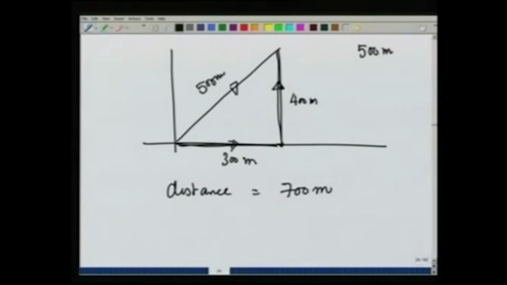Now, suppose you have another friend who is looking at it from a different frame. For the previous friend you had the x axis along the east and y axis along the north, but another friend has his axis x prime at some angle theta from the east and y prime at some angle theta from the north.